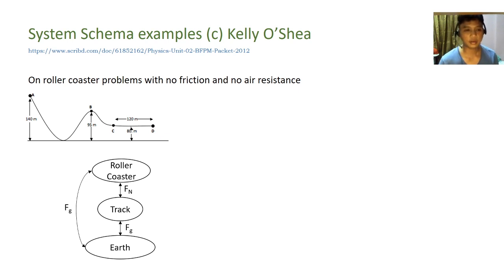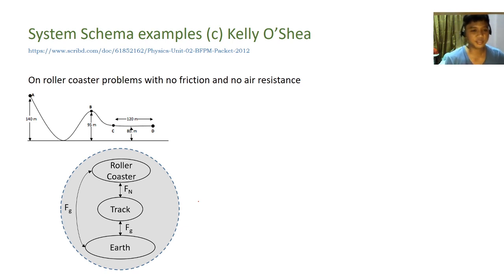Let's focus on just everything, right? Because we can do that. We include everything in our system, even the earth: the earth, the roller coaster, and the track. So that's what our free body diagram looks like. There are no external forces.